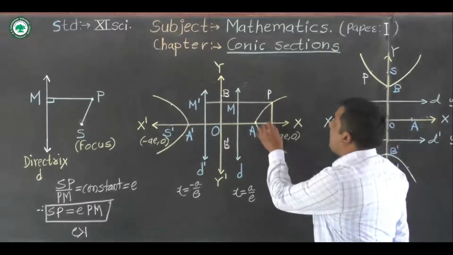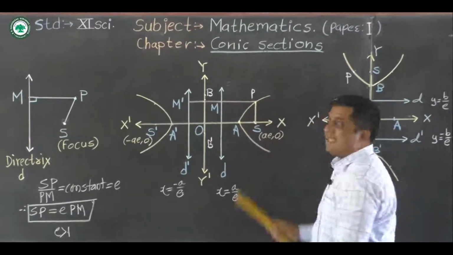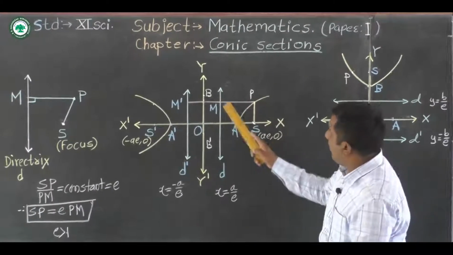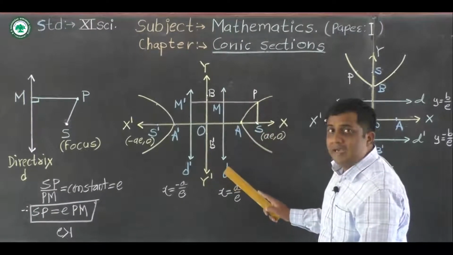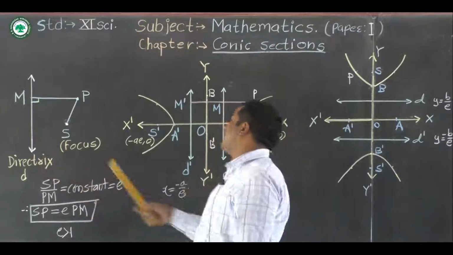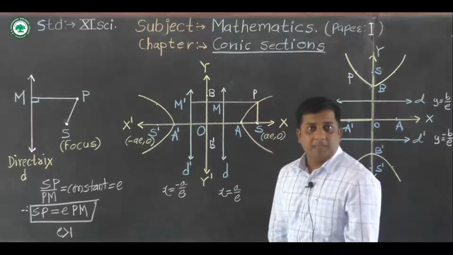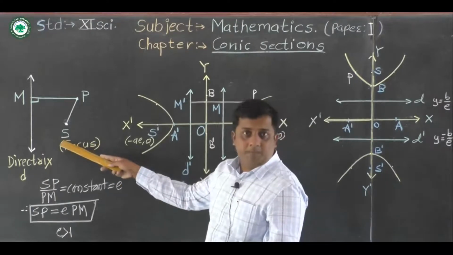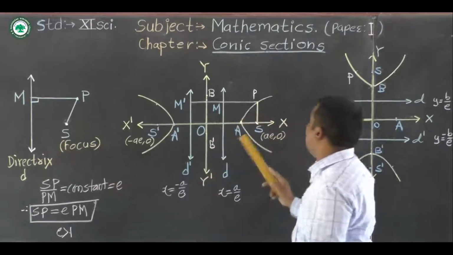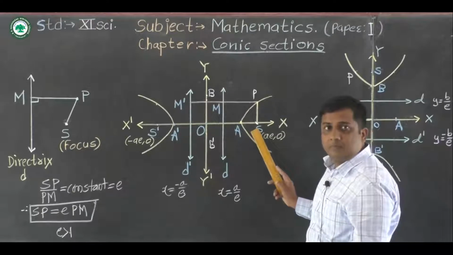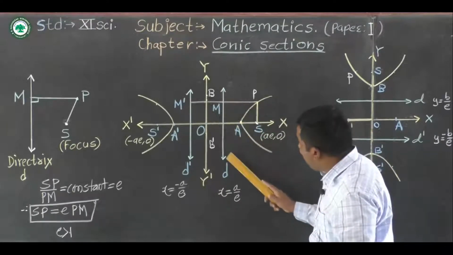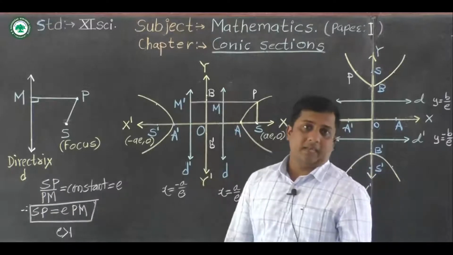We consider a fixed point S and a fixed line D. Remember, the fixed line is called the directrix, and this fixed point S is called the focus.